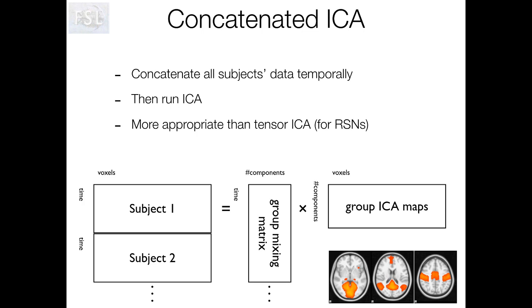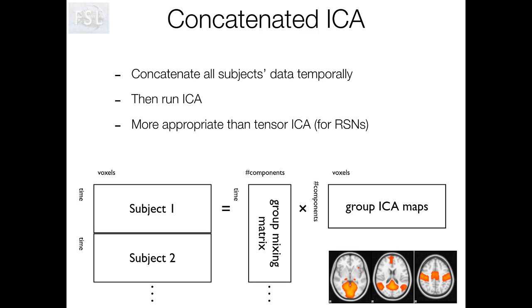And as an aside, you may have noticed that by concatenating the subject matrices along the time dimension, we are assuming that we have anatomical correspondence within every single voxel. And this is a necessity when running group ICA.